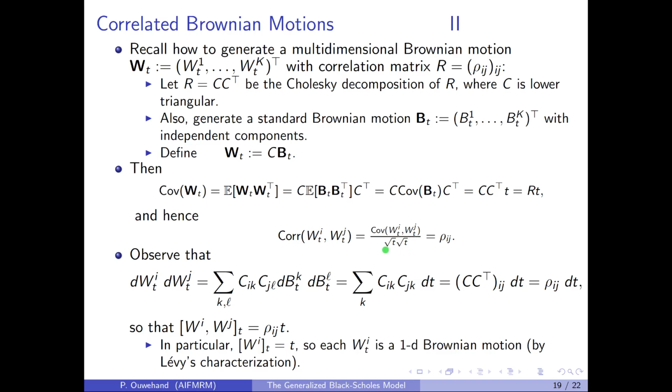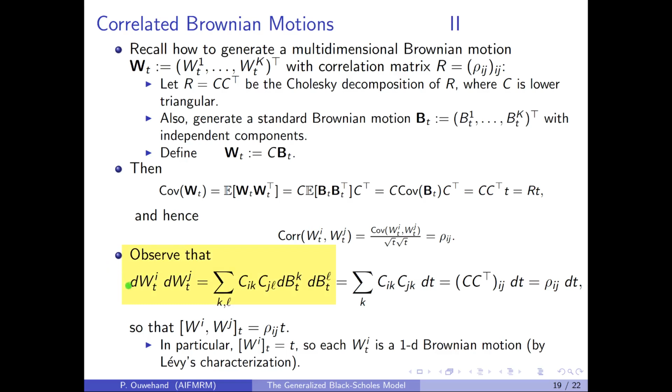I remind you again that R has ones along the diagonal, and so the variances of the components are equal to T, and hence their standard deviations are the square root of T. And when we simplify this, we obtain rho ij. In other words, the correlation between Wi and Wj is indeed rho ij, which means that the correlation matrix of the multidimensional Brownian motion W is capital R.